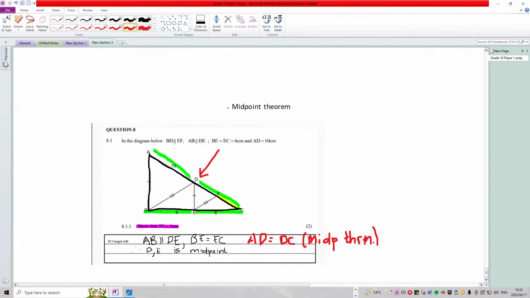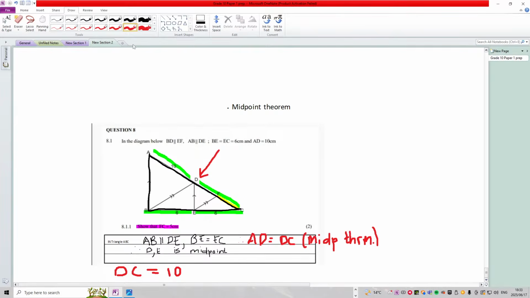So D is the midpoint. Now we can apply the midpoint theorem, right? And we know that DC is equal to 10 centimeters.